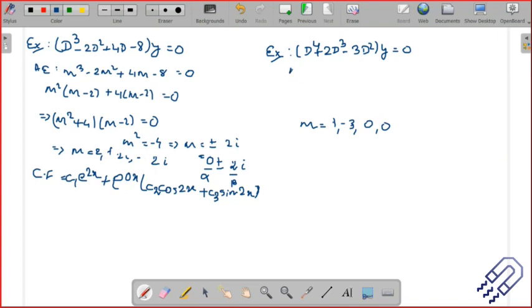So basically what happens is when we write down the auxiliary equation, m to the power 4 plus 2m cubed minus 3m square is equal to 0. I can just take m square common. So that means I'm going to equate it with 0, and there are two zeros that I'm going to get because of the power 2.